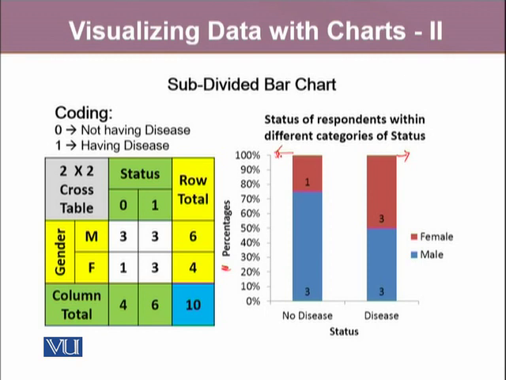So over here, we can see that the majority of the respondents in the no disease group are female, whereas the percentage of females is lesser in the disease group. On the other side, in the second bar in the disease group, male and female both are 50% of its data. This is another way to look at more than one qualitative variable in our data.